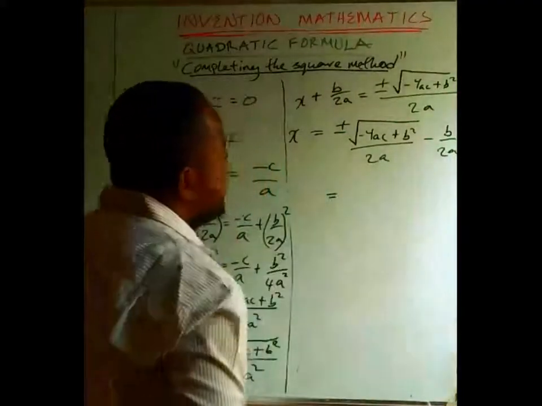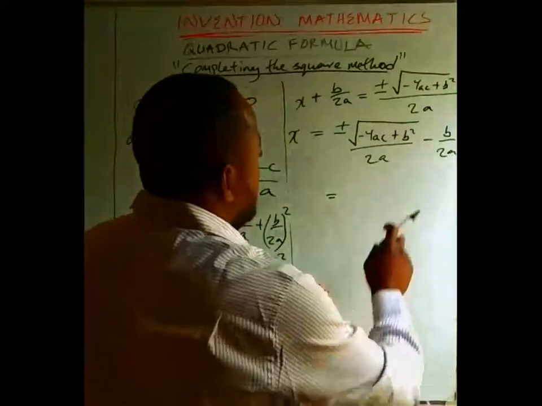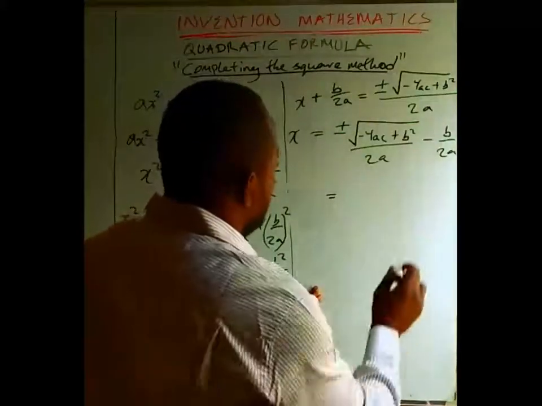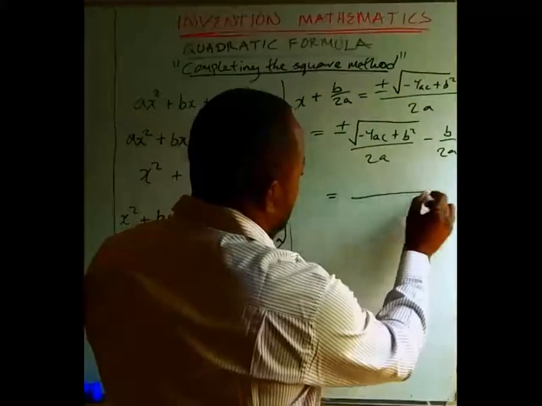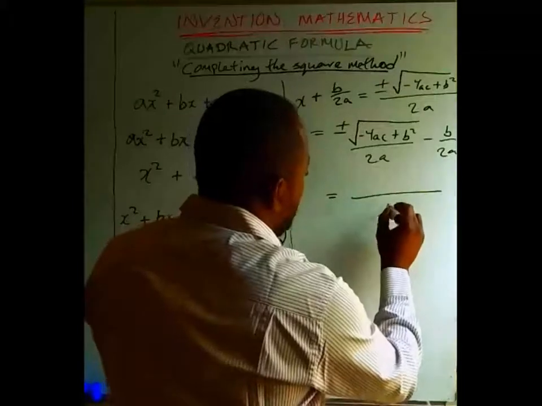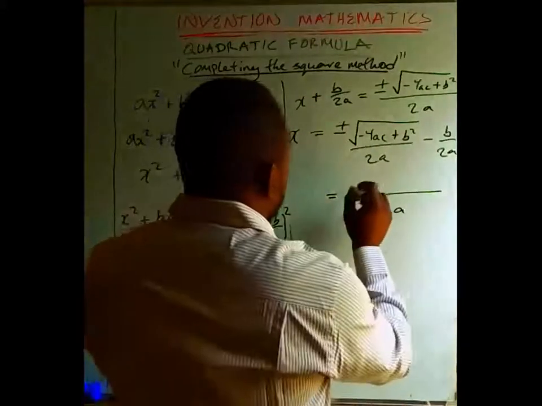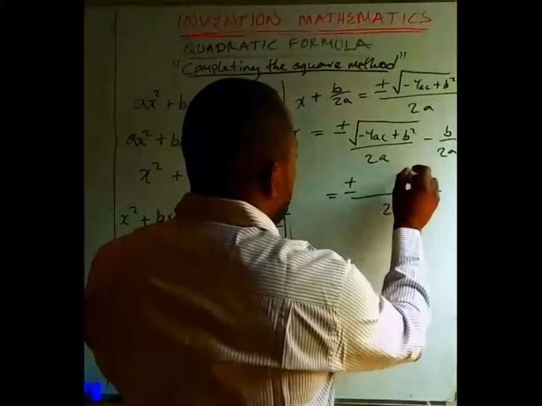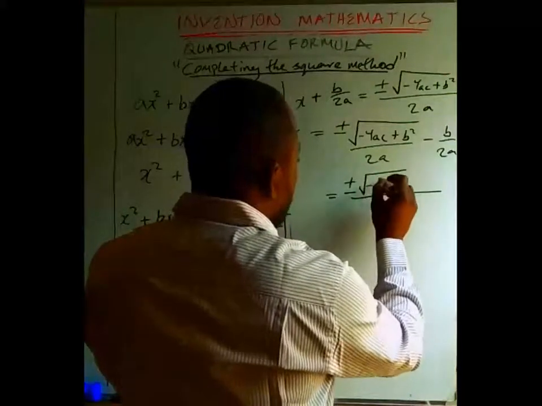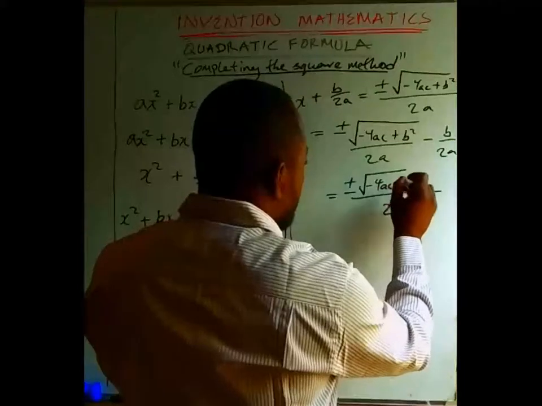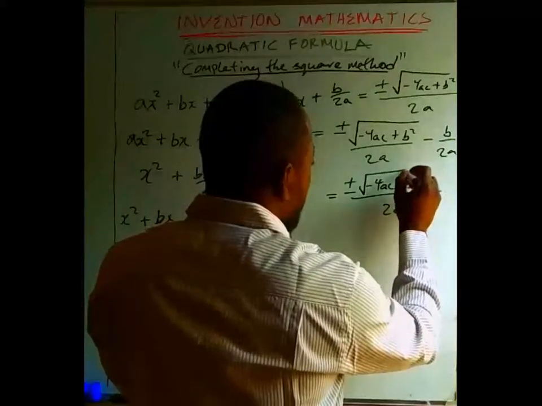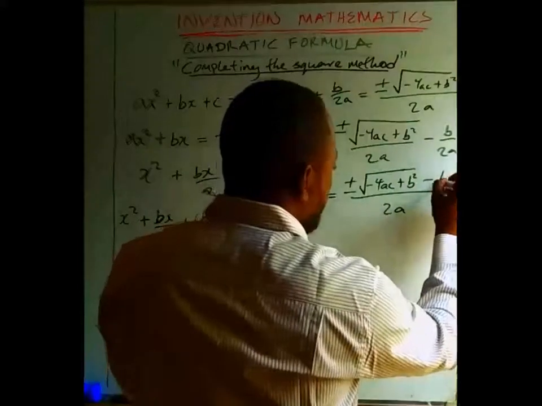Put them together: plus or minus the square root of minus 4ac plus b squared, minus b, all over 2a.